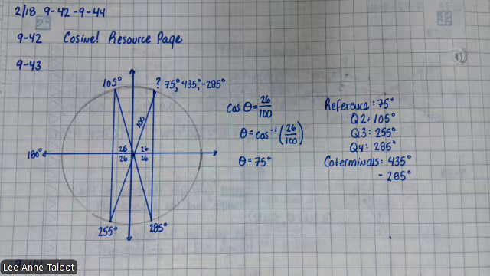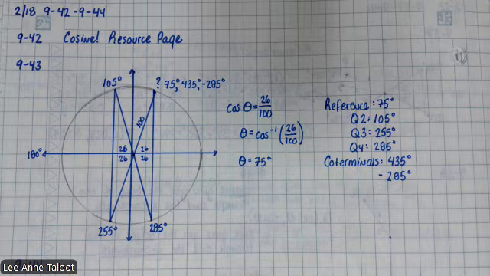I didn't ask you to do a negative coterminal on the quiz, but I just wanted you to practice that. The picture is required for you to sketch on the quiz this time. Do you have any questions about that before we move on?